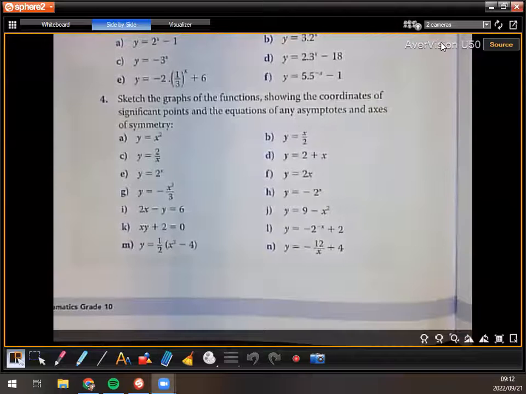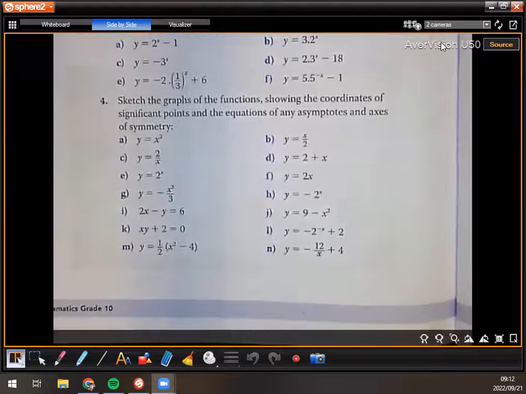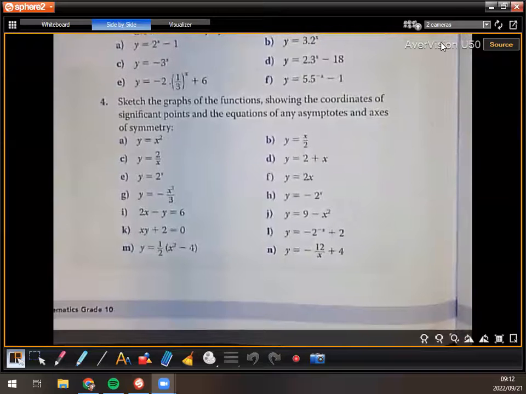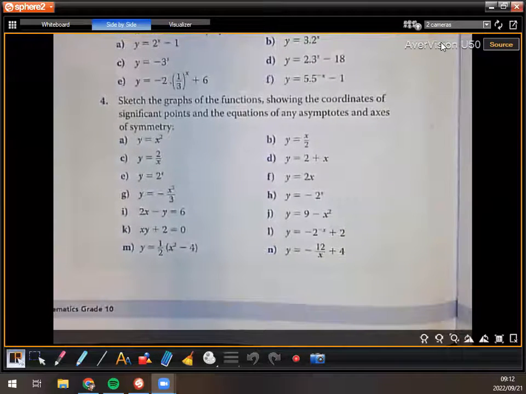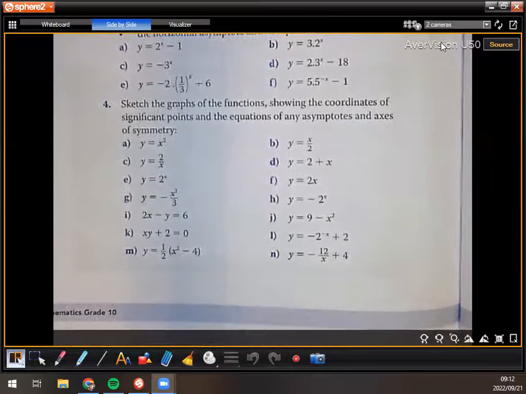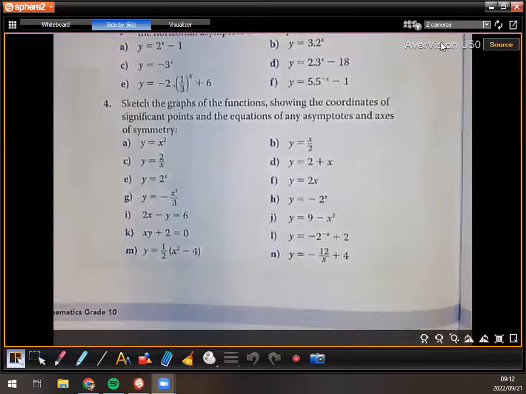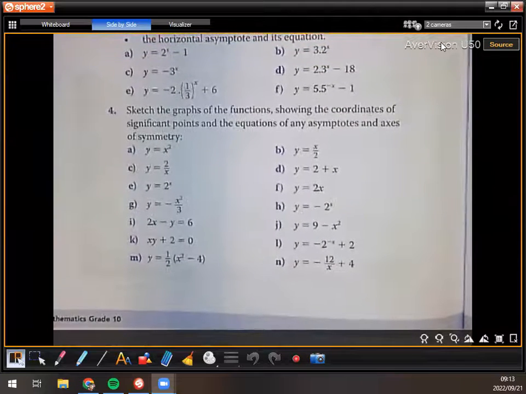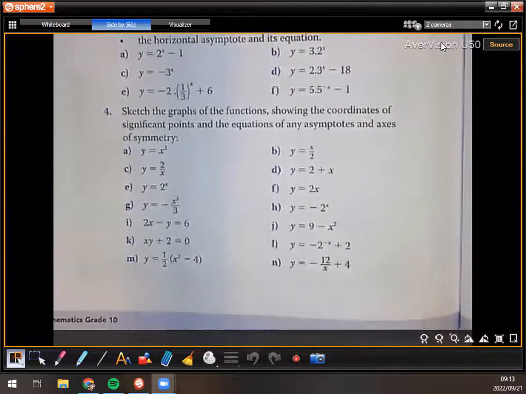So in number 4, guys, these are mixed graphs, okay? So they're not telling you which graph you are drawing. It's a mixture of graphs. So I would like you to do from number 4, if you can work on G to J. They are 4 of the graphs there.